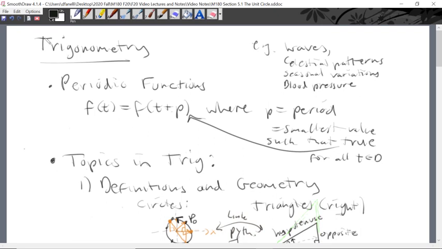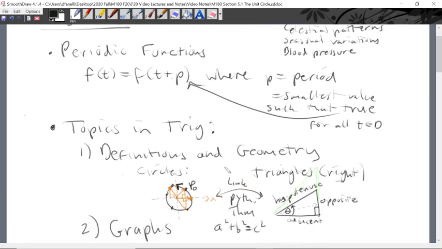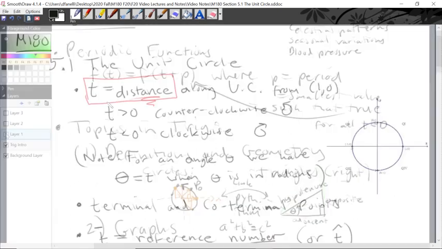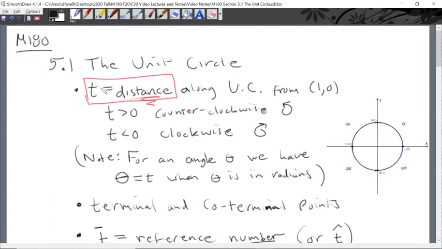And where we're going to start today is with discussing the geometry of circles, to get ready for defining the trigonometric functions first within the geometry of a circle. And so let's go to section 5.1, titled the unit circle.